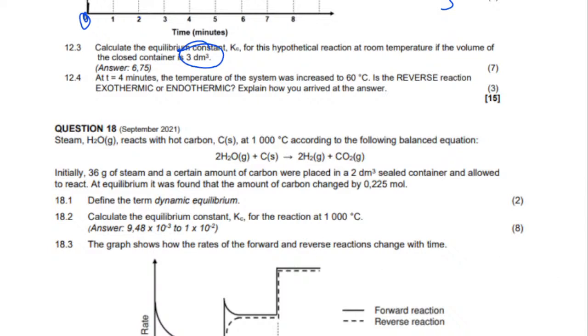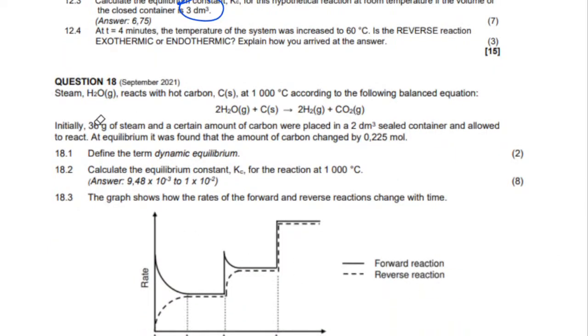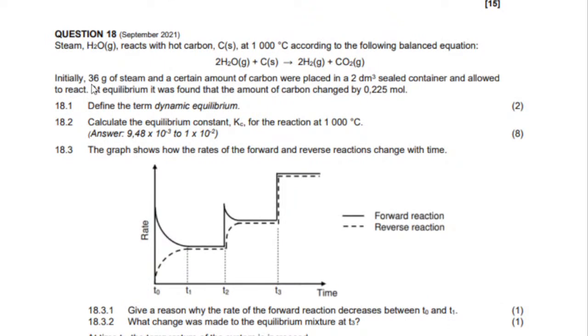Let's go to the next question, which is question 18. Whenever they give you the mass, before you do anything, convert it into number of moles. Converting it is a mark because you're going to use it. So you just come here and say number of moles is equal to mass over molar mass.